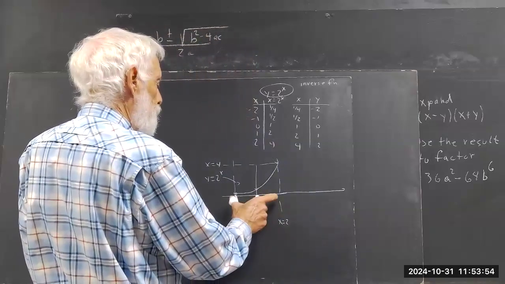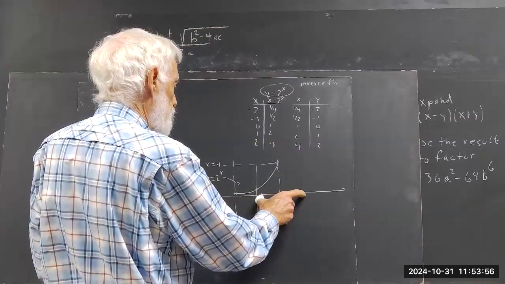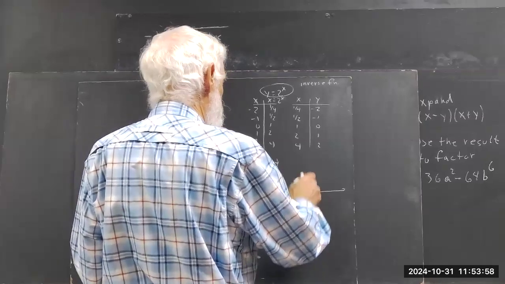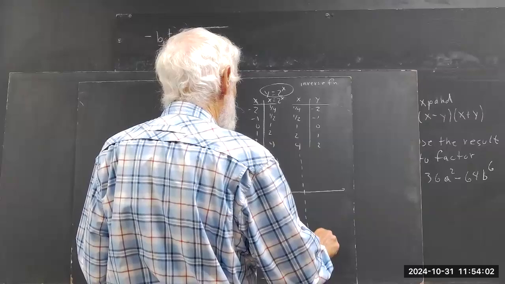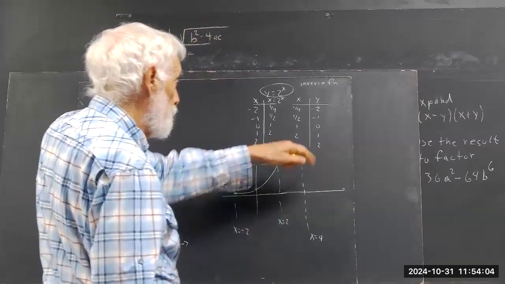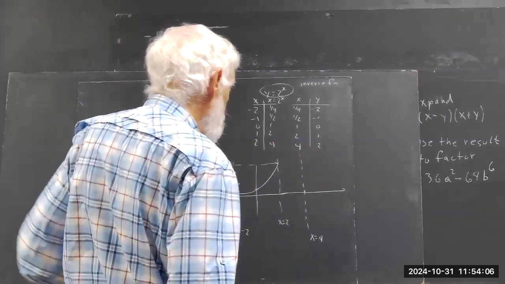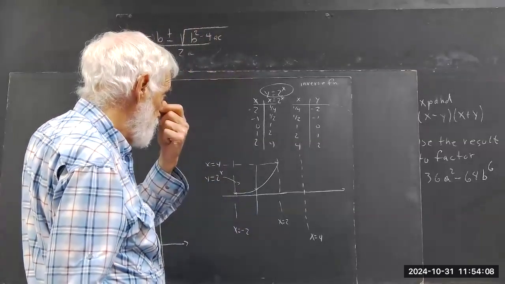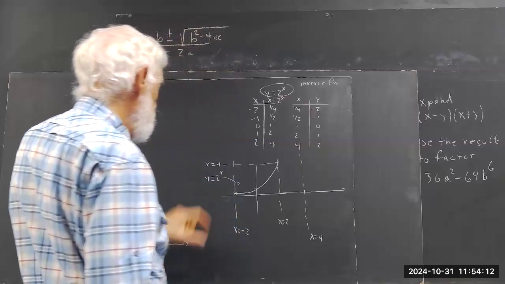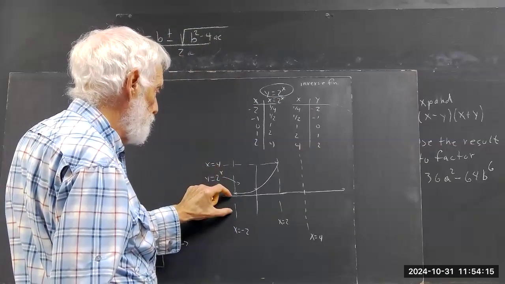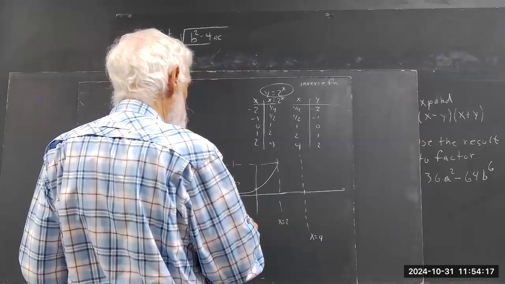This is 4 units, and I've got to extend out to here. Okay, so I got the line x equals 4, which I'm going to need. Then I'm going to need y equals -2. Well, let's see, if that's 4 units, 2 units is about here, so y equals -2 would be down about here.